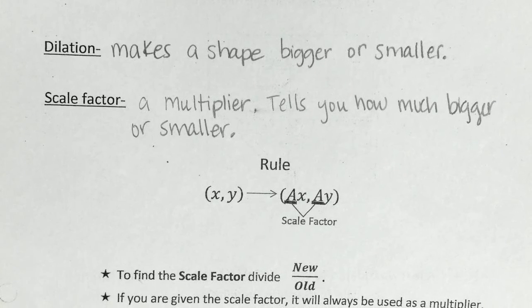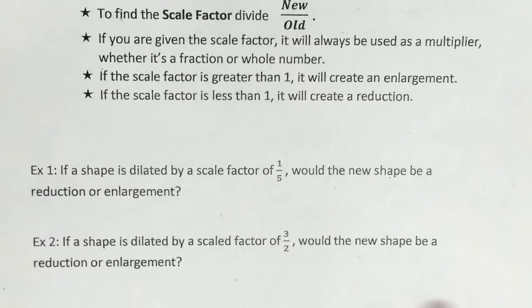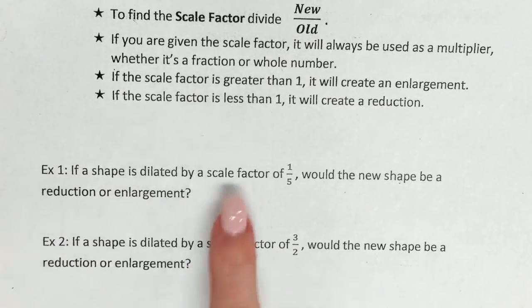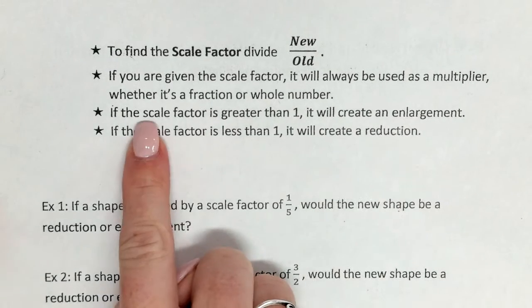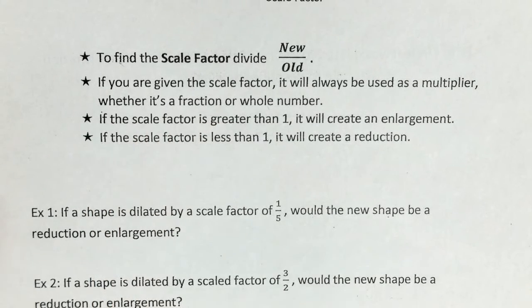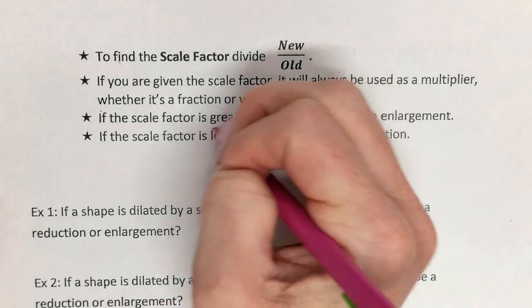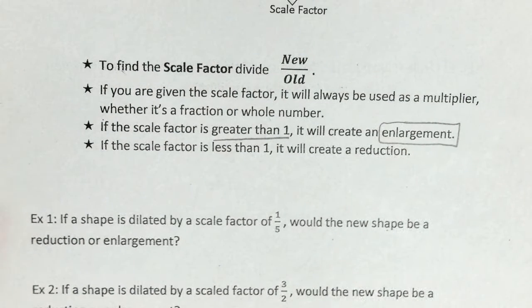Okay? Now, everybody skip the middle section real quick and go to the bottom. This is very, very important. Oh, no, it's right here in the middle. Does everybody see? If the scale factor is greater than 1, it's going to make it what? Bigger.